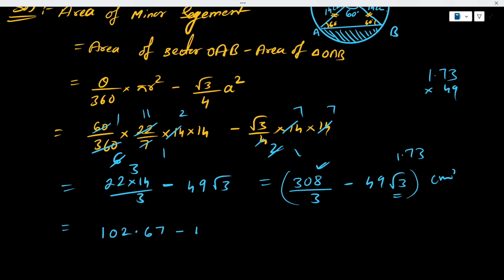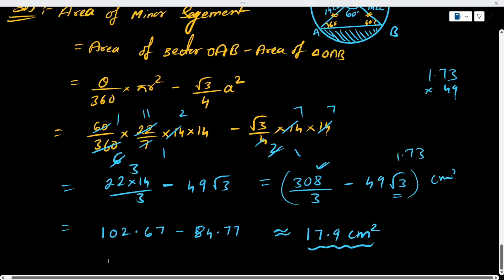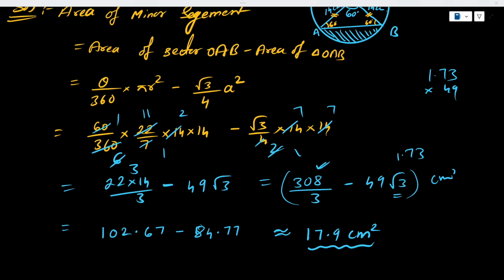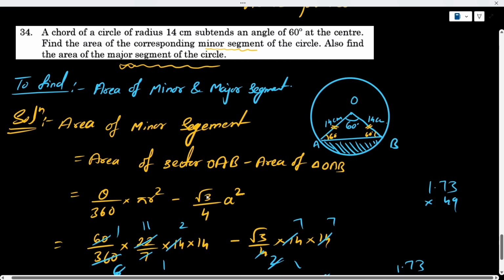If you simplify this, you are getting 84.77. Please do the subtraction here. 102.67 minus 84.77, you are going to get 17.9. Approximately this much square centimeter is the area of the minor segment, right? You got the answer, 17.9 square centimeters. So this is your area of the minor segment.